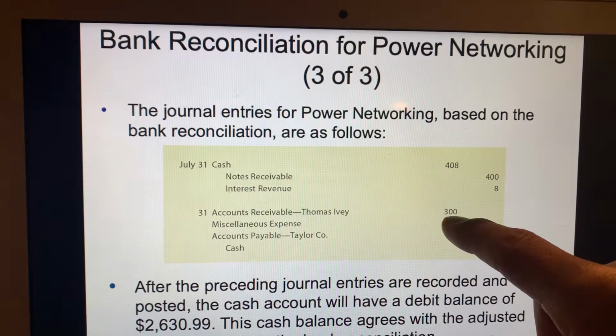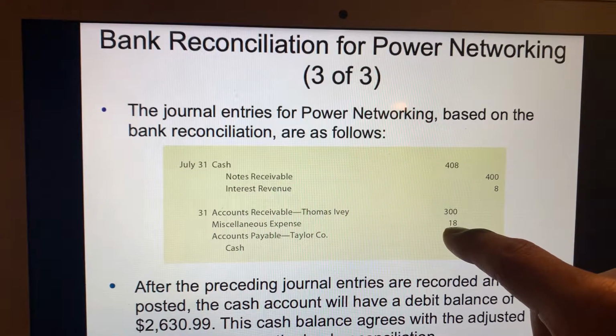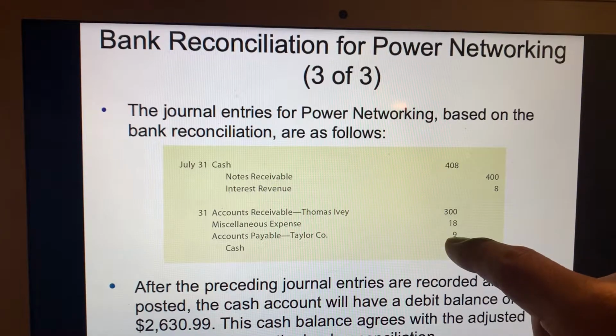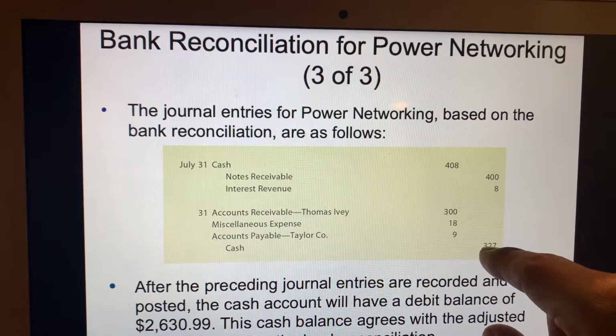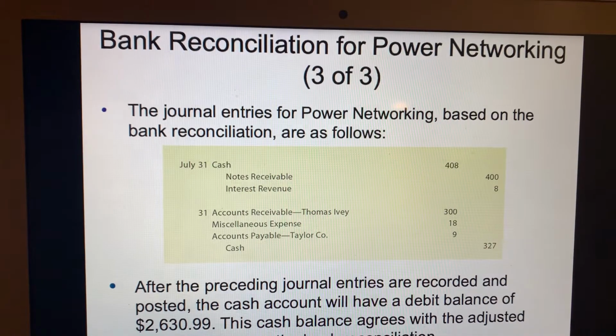So we're putting this back into his account because his check didn't go through, and then there is $18 in miscellaneous expense. Now, don't forget, this is being expensed to the income statement. And accounts payable, Taylor Co. for $9, and then total cash that we're pulling off of our books is $327. Okay, so those are the entries.